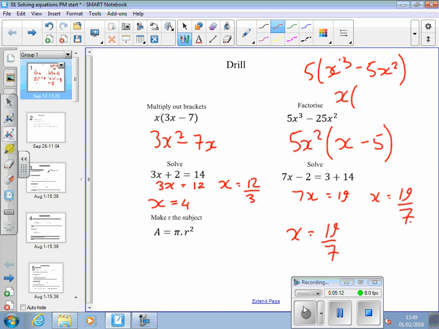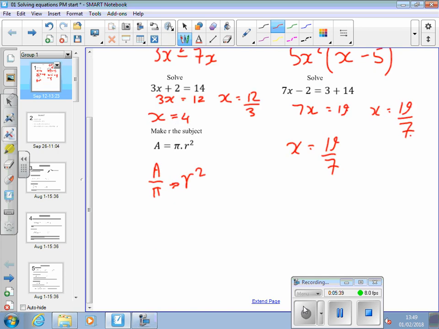Formula for the area of a circle. What's the first thing we can do? Divide both sides by pi. We get A over pi is equal to r squared. And then square root both sides.